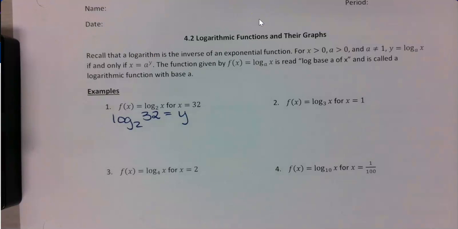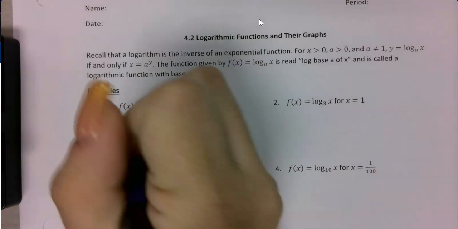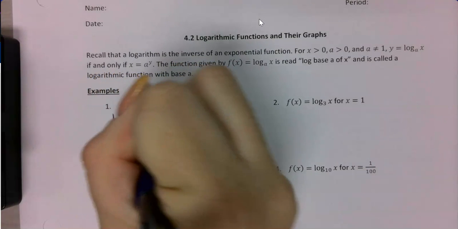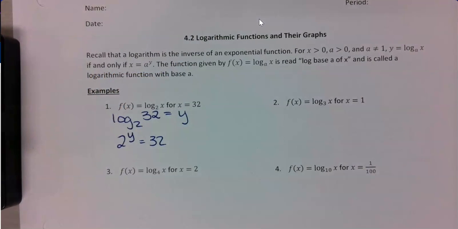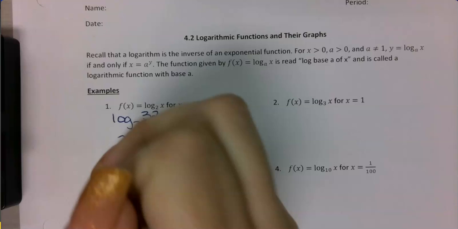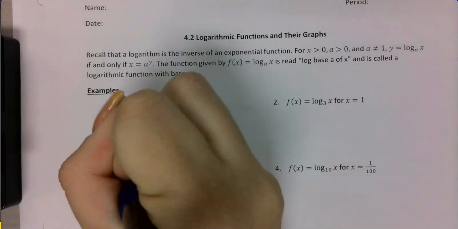And then I can rewrite this as 2 to the y power equals 32. So 2 to what power is 32? My answer here is just 5.